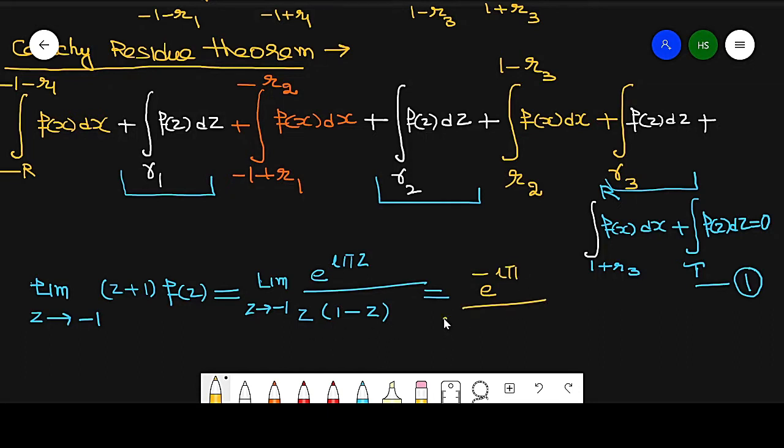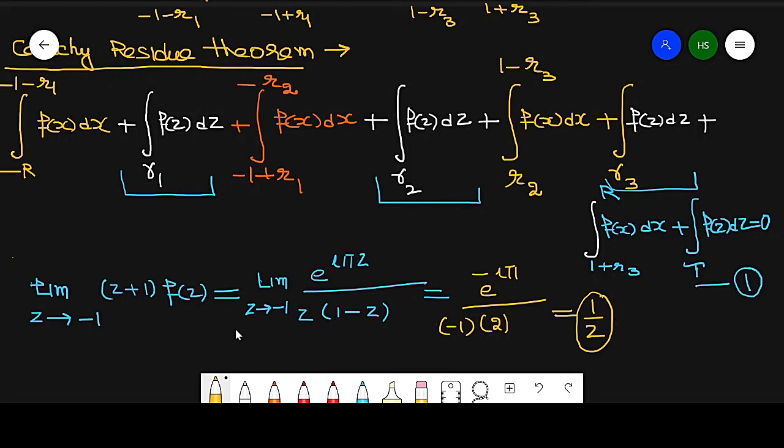So this is cos pi, which is minus 1, minus iota sin pi, that is 0. So minus minus 1, and this value is equal to 1 by 2. So I find the value of K1.